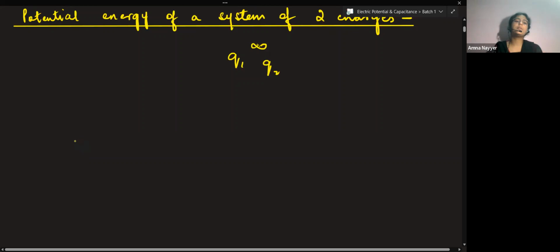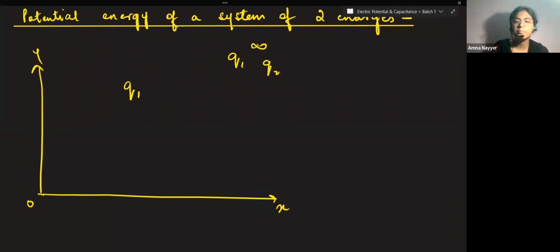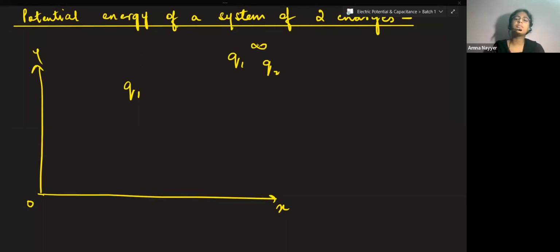Now let's draw it graphically. This is the y-axis, this is the x-axis, this is my origin. Firstly, I have brought charge Q1 from infinity. Is there any other charge present with Q1 right now? No, there is no other charge present. It means there won't be any potential energy.